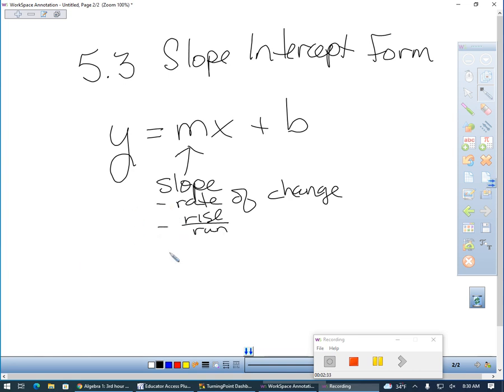I would rather not. All right, and we also have, as Chase said, y2 minus y1 over x2 minus x1. All right, so all of those are ways we find slope. This b is something new. B is what we call the y-intercept.